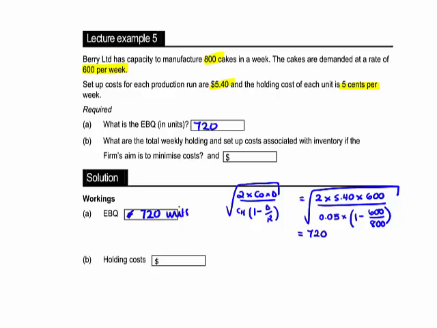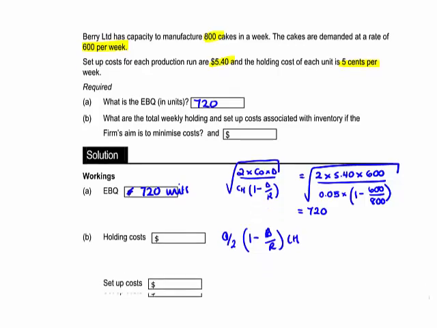What are the total weekly holding and setup costs associated with this if Berry wants to minimise costs? So the holding costs are the average quantity multiplied by 1 minus the demand divided by the rate, times the cost of holding 1 unit.